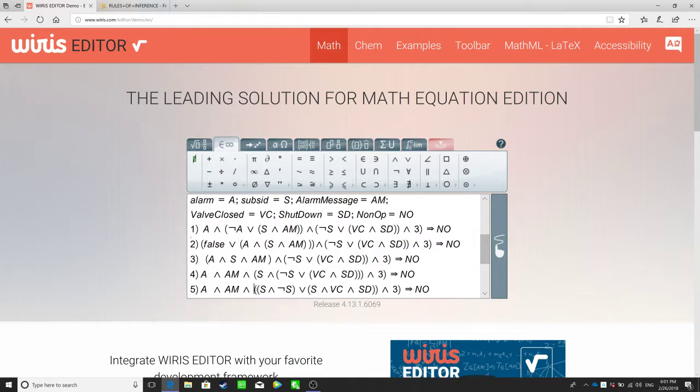Okay. To be more clear, let me use this. Okay, so this is 3. So it becomes A and AM, and this whole thing, and 3 implies NO. So here we see, inside this there are two parts.